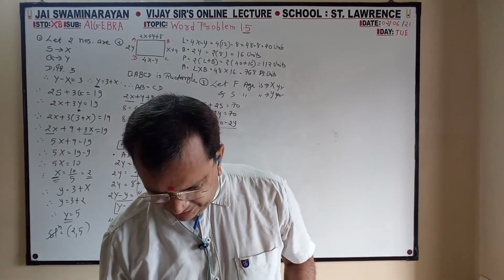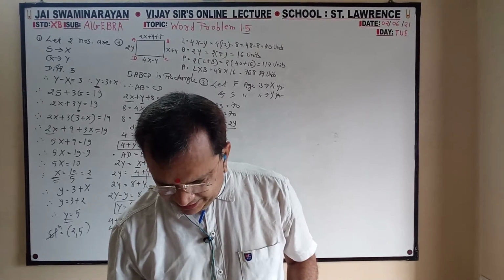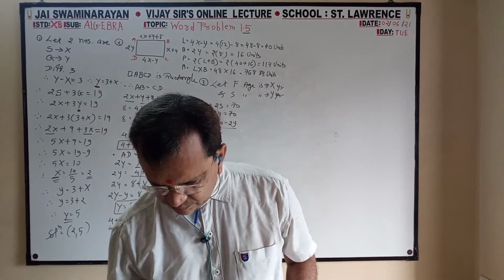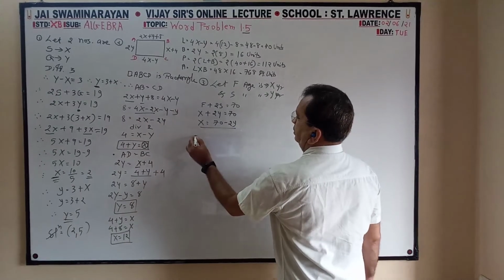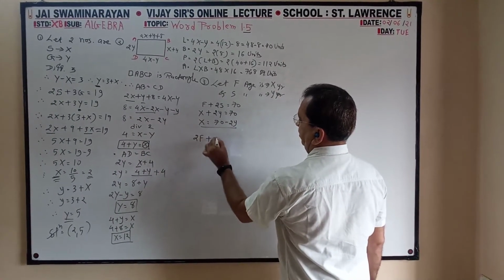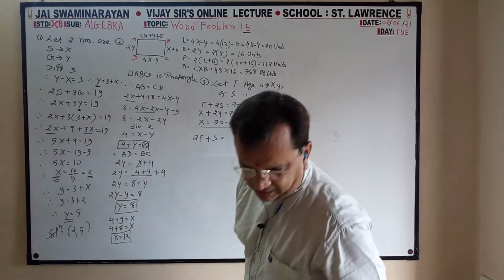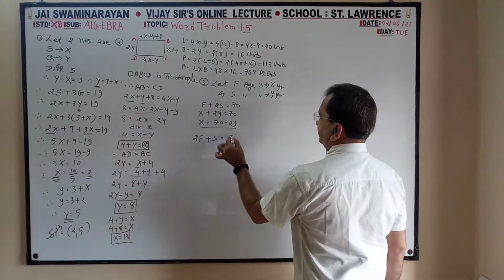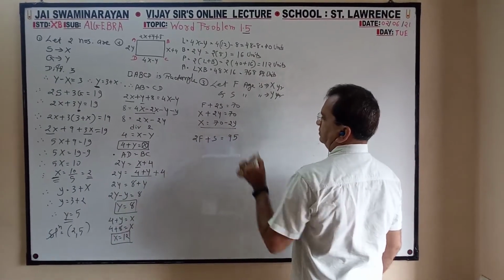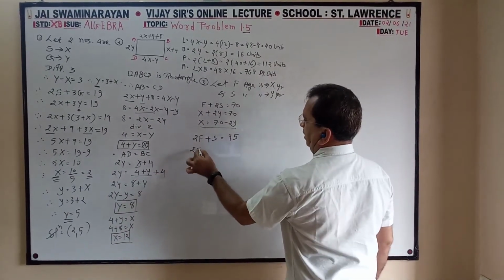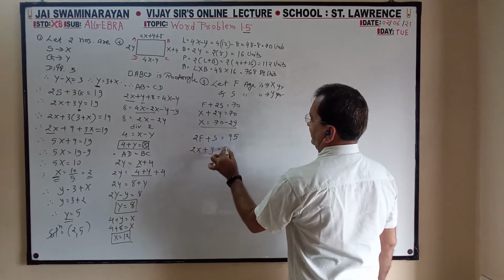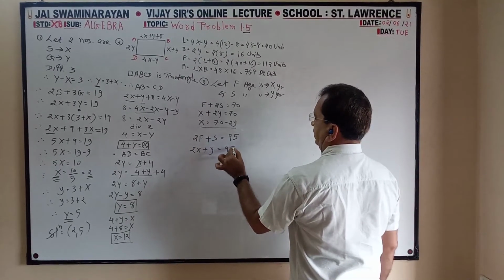Condition number 2. If we double the age of the father and add it to the age of the son, double age of father plus single age of son, now it will be 95. So now 2x plus y is equal to 95.